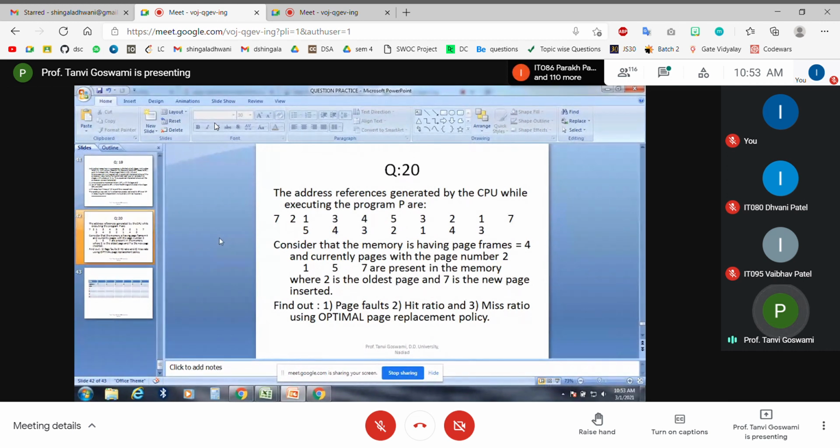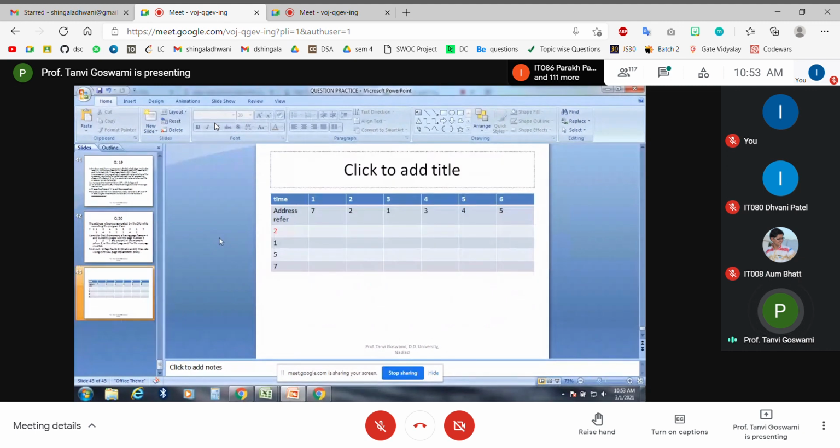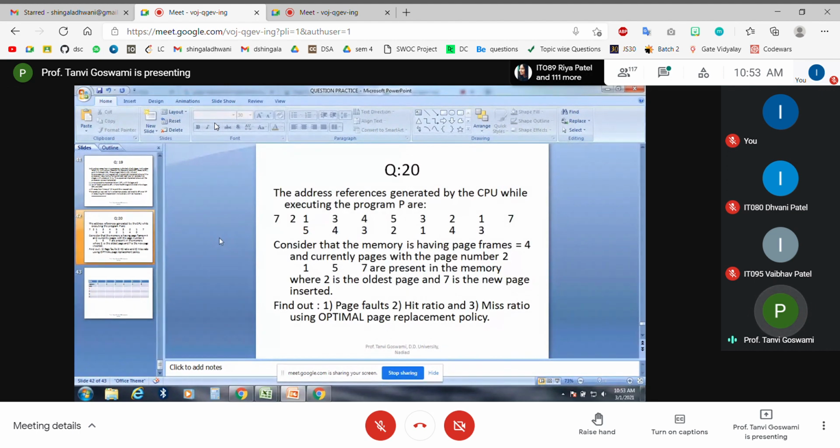Whenever you are asked in the exam, you are supposed to do something like this. Okay, that is the time, address, references. Then currently this many pages are there in the memory, so you have to do it in a tabular form. Again, the page which is likely to be replaced first should be marked with a star.